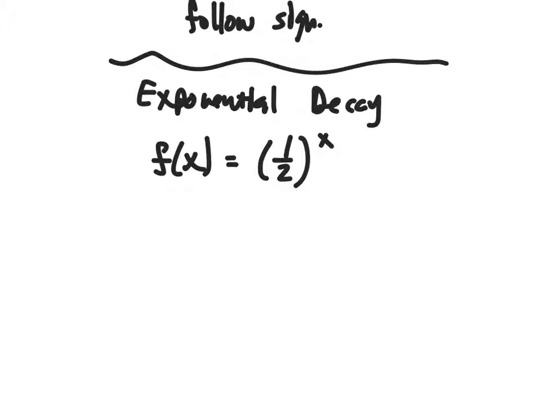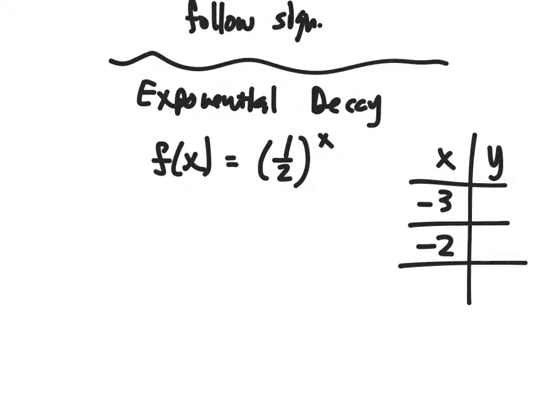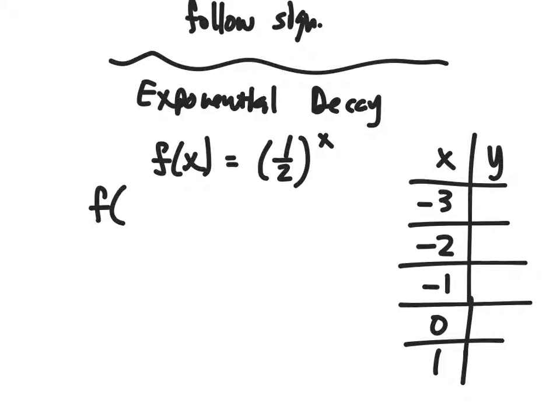And what I want to do here is create another table. So I'm going to do x, y, and let's choose, say, -3, -2, -1, 0, and 1. All right. Let's first find f of -3. Now remember, when I have a negative exponent, I'm going to get 1/2 to the -3rd power.